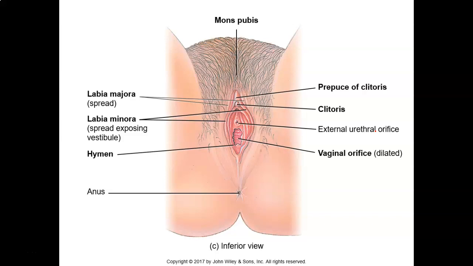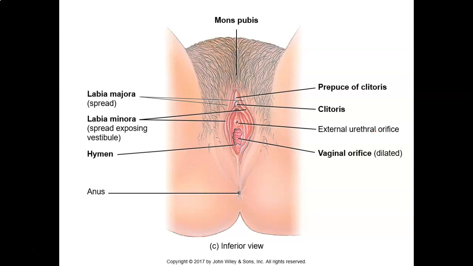Alright. Sorry, kind of just segueing into that. So some of the external structures. We've talked about many of the internal structures, from the uterus to, last week, the vagina, and the cervix. Here are some of the external structures that we are going to take a look at.